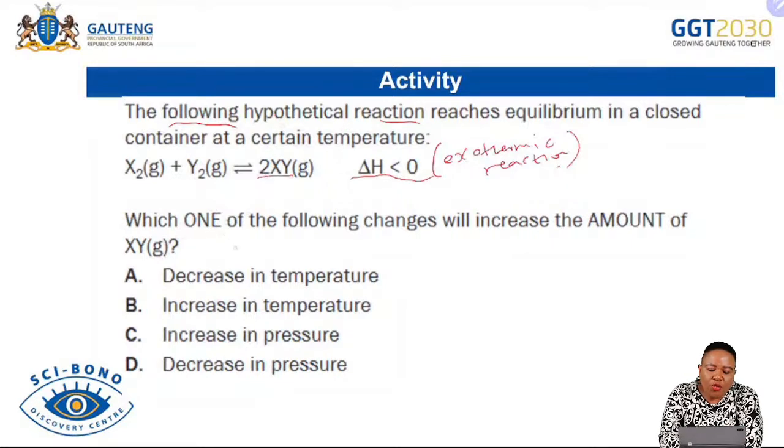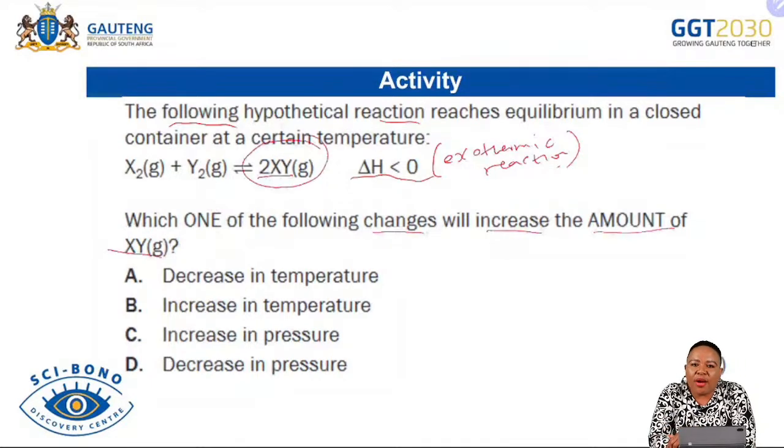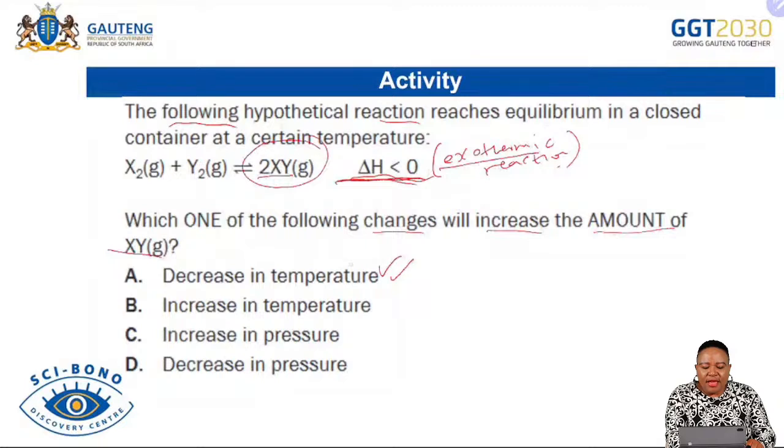Now, which one of the following changes will increase the amount of XY, which is our product? So they're just asking which one of the factors will favor the forward reaction. Because we have identified our reaction as exothermic, the decrease in temperature will favor our forward reaction, because our forward reaction is our exothermic reaction.